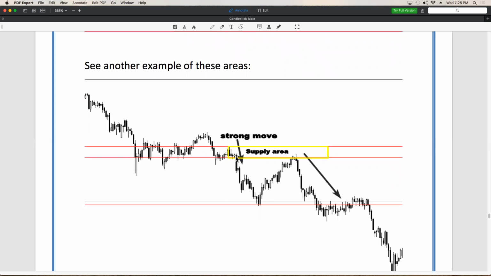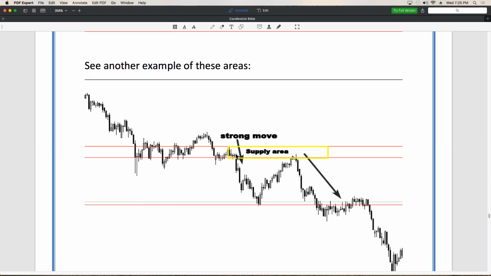So when you see a strong move in a zone, it could be resistance or support. And then it comes back up to retest that zone. A lot of people put pending orders for the move back down.